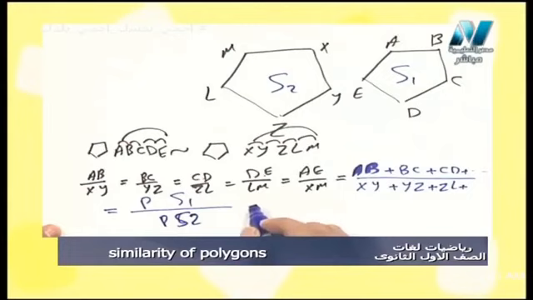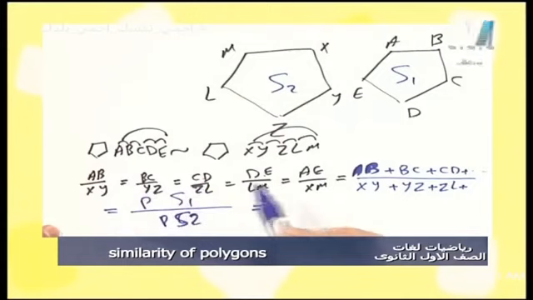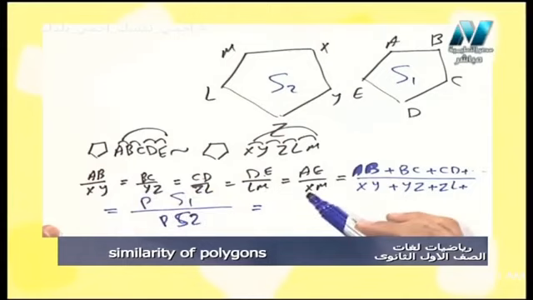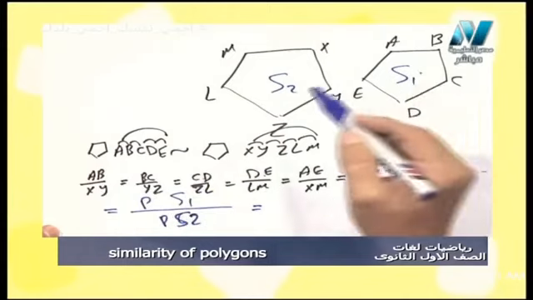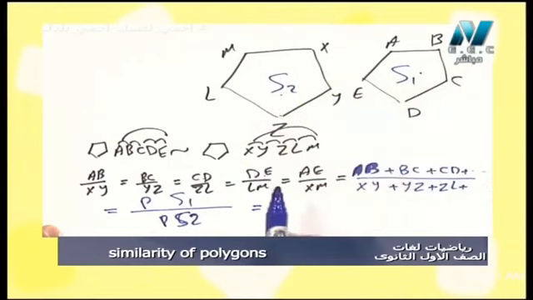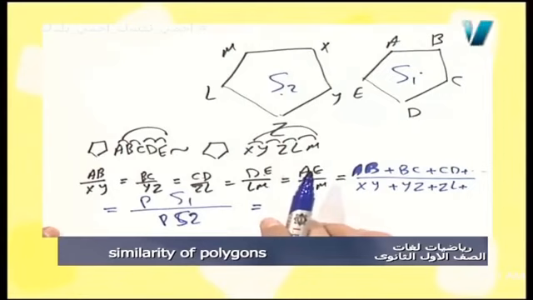So we can say that the first ratio equals the second equals the third and so on, equal to the perimeter of the first over the perimeter of the second. It's a very important rule here about similarity.